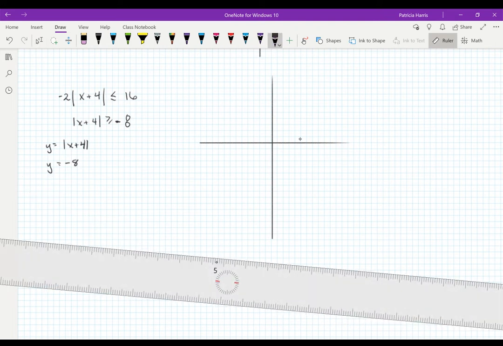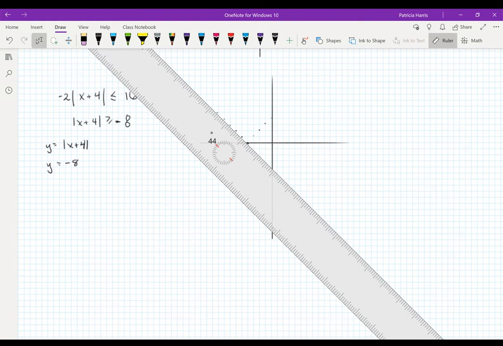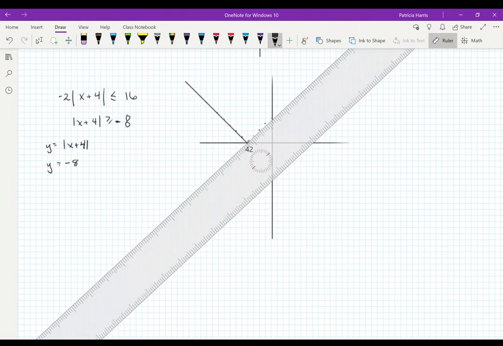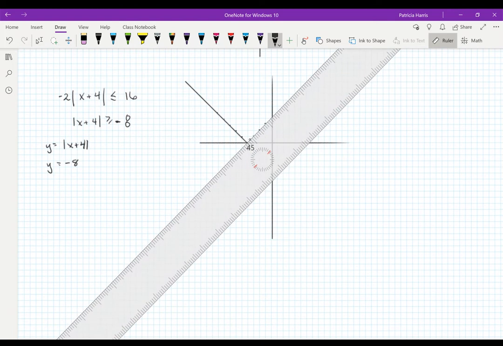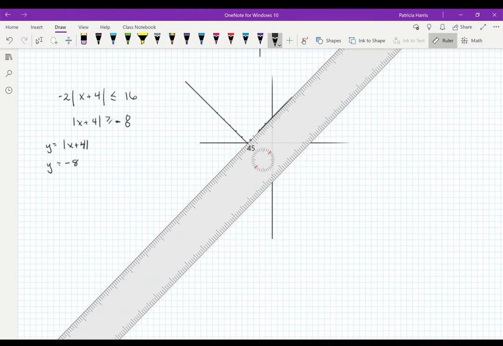Okay, so let's see here. So my absolute value graph, very simply, is going to look like this. Okay.